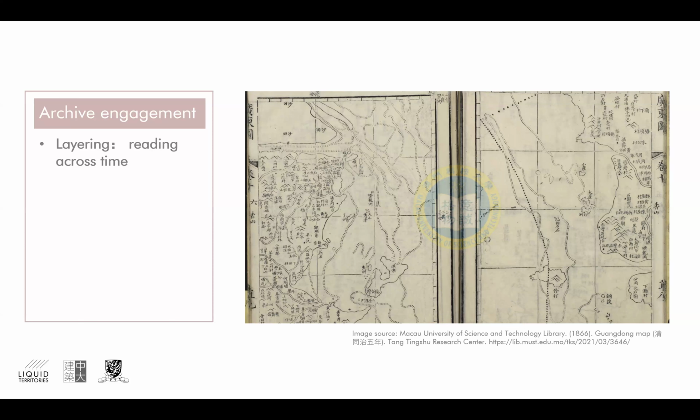So when you layer this map with modern maps that are accurately mapped, such as satellite images, GIS data, or official planning documents, it's not only about spotting the differences, but also about reading across time.